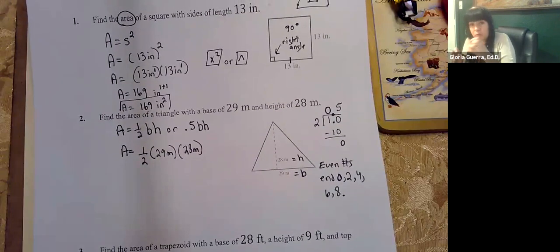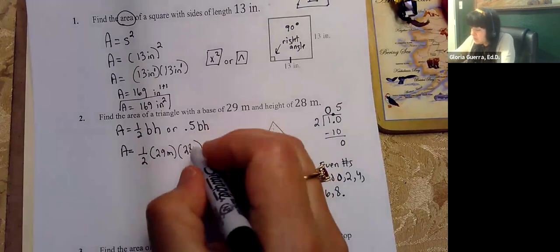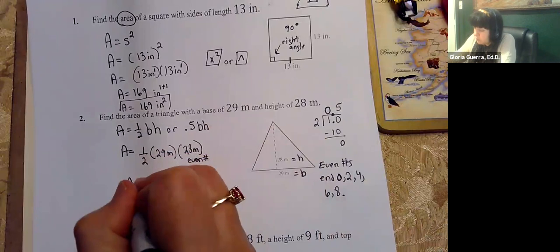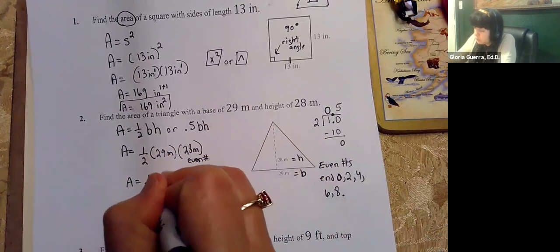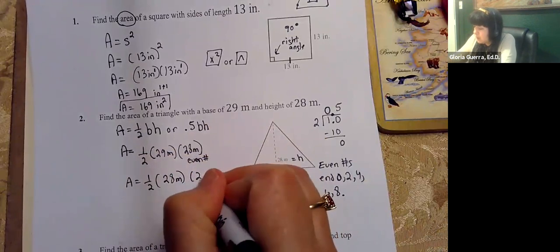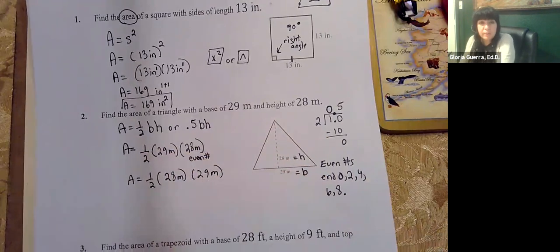Okay, and multiplication is commutative. That means that you want to multiply the numbers 2 at a time, and it doesn't matter the order. And because this is an even number, it ends in an 8, I feel more comfortable working with a half of 28, getting that answer, and then I'll have to work with the 29.